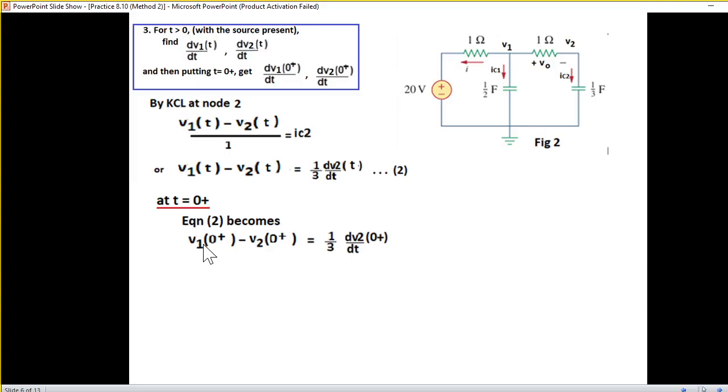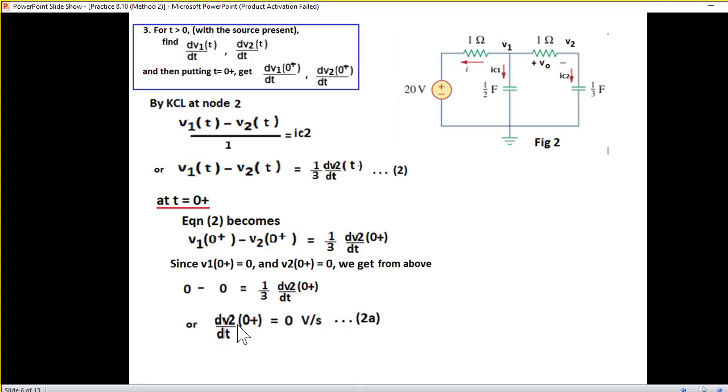But these two we know are 0, so 0 minus 0 over 1 equals 1/3 dV2(0+)/dt, and that means dV2(0+)/dt is equal to 0 volts per second. And so we also keep this for later use.